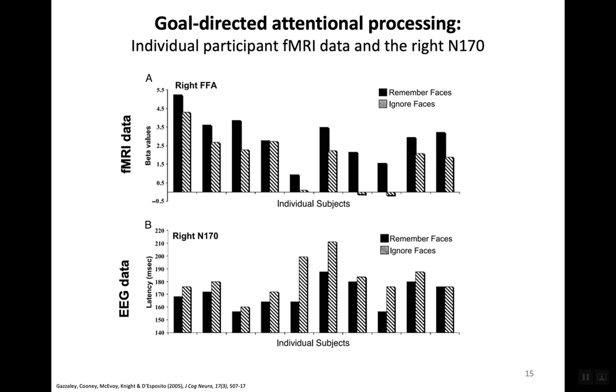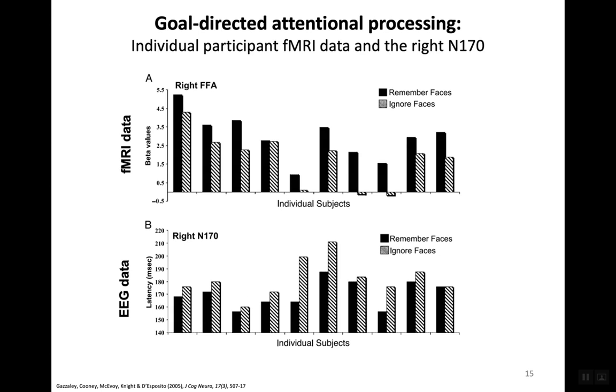So in this case, fMRI data tells us that attention boosts activity within a specific region, which in this case is responsible for processing faces. But it also tells us, if we talk about EEG, that latency is adjusted.